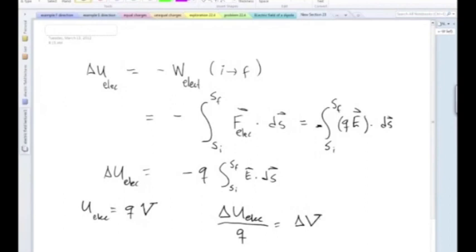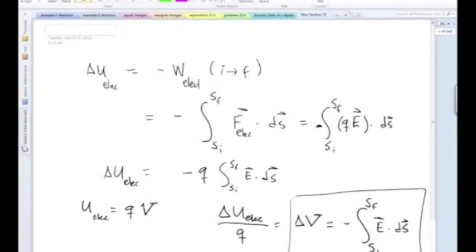Right? So the change in the potential will be, according to that expression over there, the integral of the electric field along the path that you follow. So if you know the electric field in all points in space, and you know that the particle moved from point I to point F, you know through what difference in potential that particle moved. Right? This is what this equation is telling you.